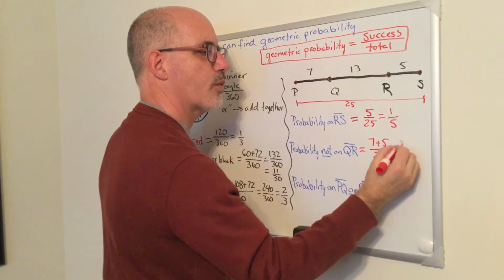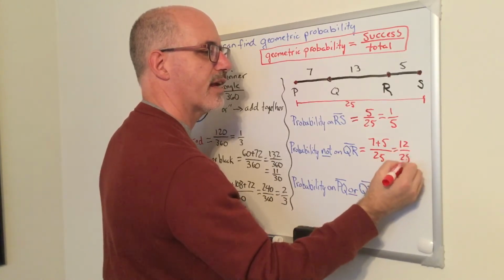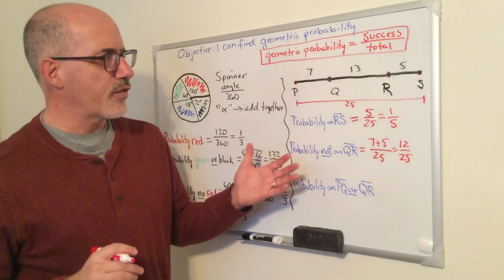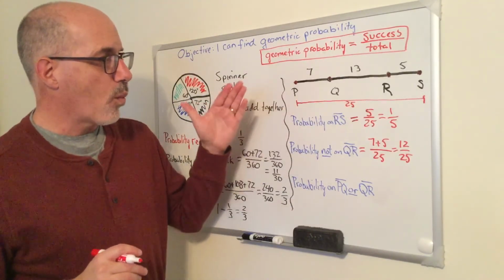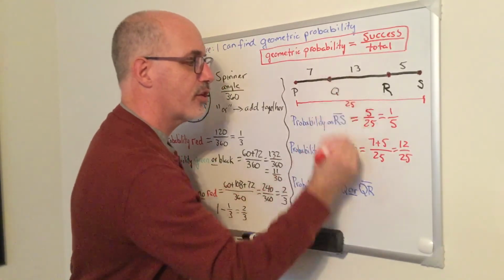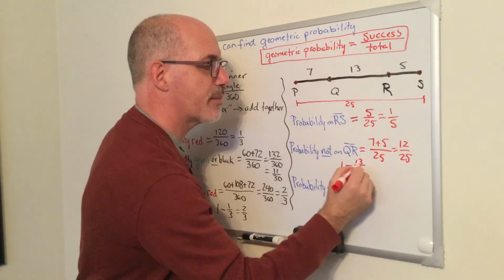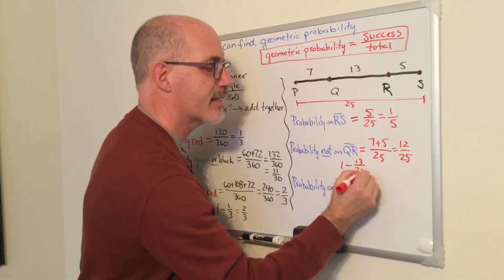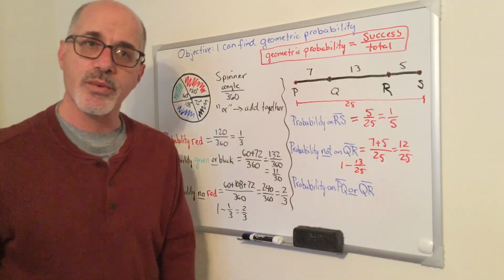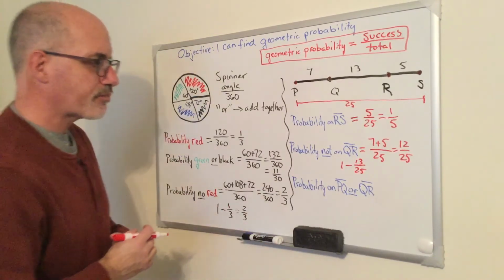And so you get 12 over 25 as our answer there. Now you could also do, if you wanted to, 1 minus whatever QR is, because you want it to be everything except that. And if you do 1 minus 13 over 25, you actually get 12 over 25. So you can do it either way.